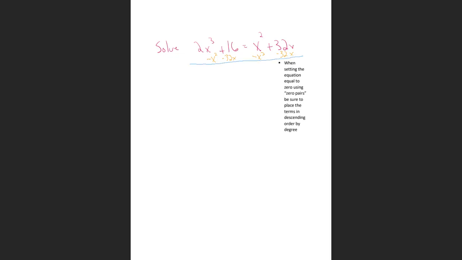And we want to bring them down from highest degree to lowest degree. So 2x cubed, this negative x squared, this negative 32x, plus then the 16, and that has to equal now 0 since this zeroed out and this zeroed out.